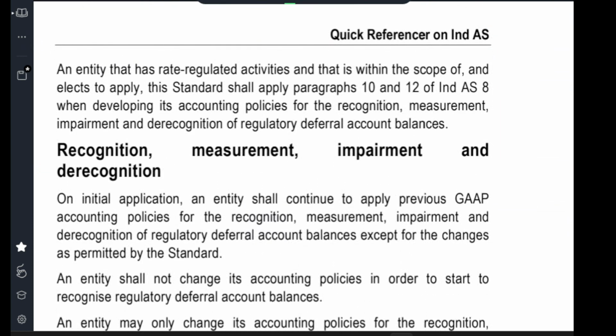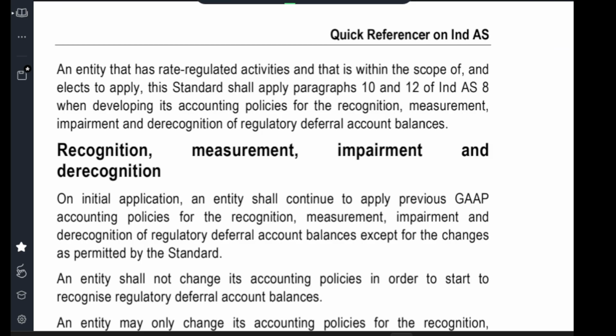An entity that has rate regulated activities and is within the scope of the standard, having elected to apply it, shall apply paragraphs 10 and 12 of Ind AS 8 when developing its accounting policy for recognition, measurement, impairment, and de-recognition of regulatory deferral account balances.